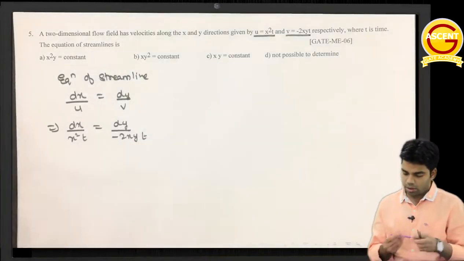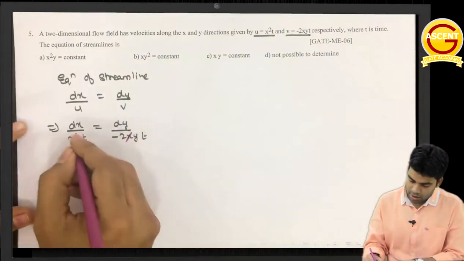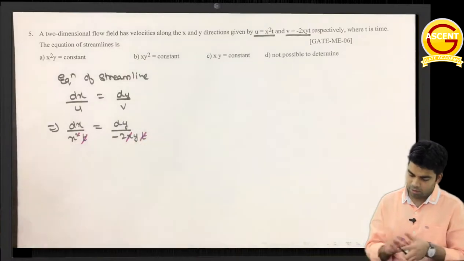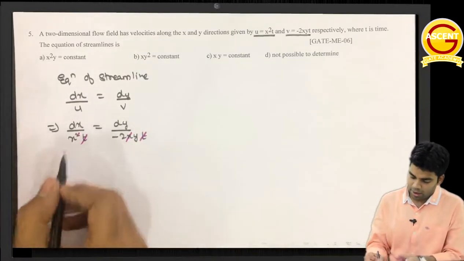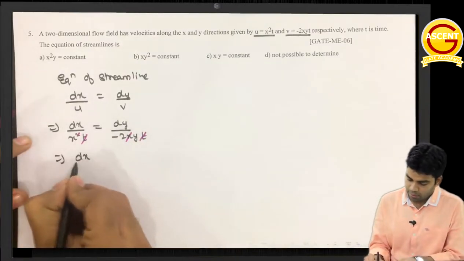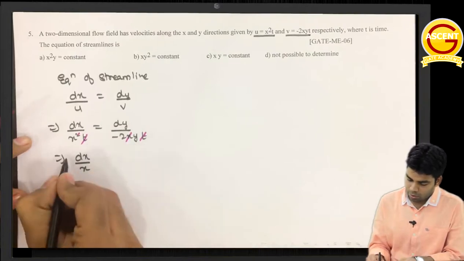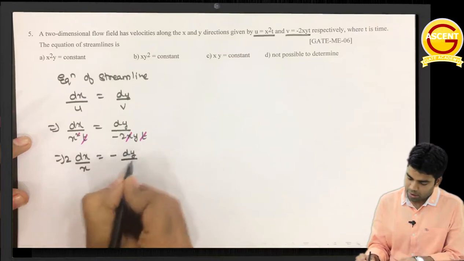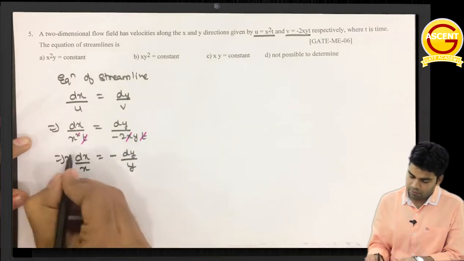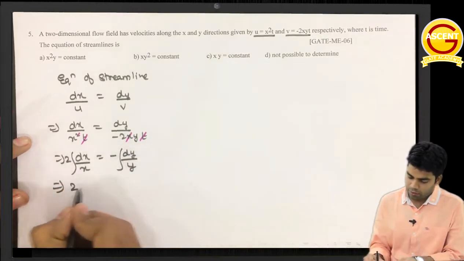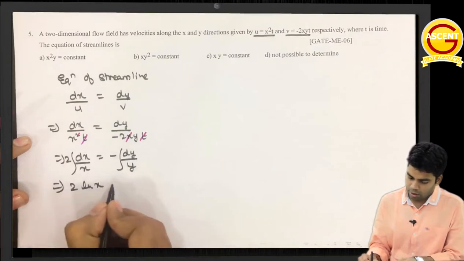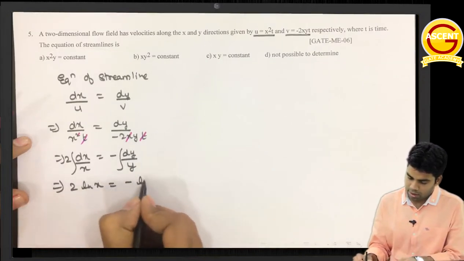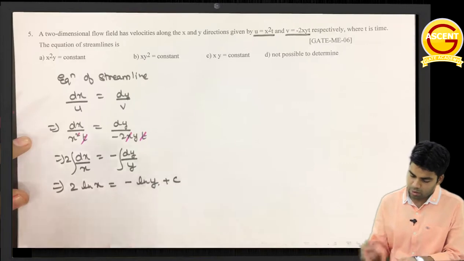So this will be dx by x square t is equal to dy by minus 2 xy t. Now here this x can be cancelled out, this t will be cancelled out, and we will get what? 2 dx by x is equal to minus dy by y. Now further if we integrate both sides, we will get 2 ln x is equal to minus ln y plus a constant.